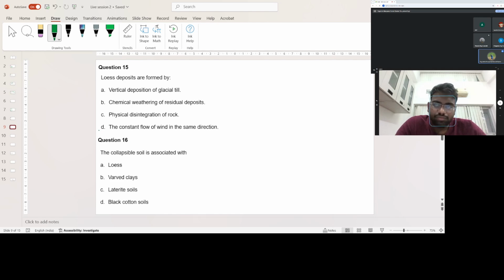Because loess are found in arid and semi-arid regions, and they are aeolian deposits.